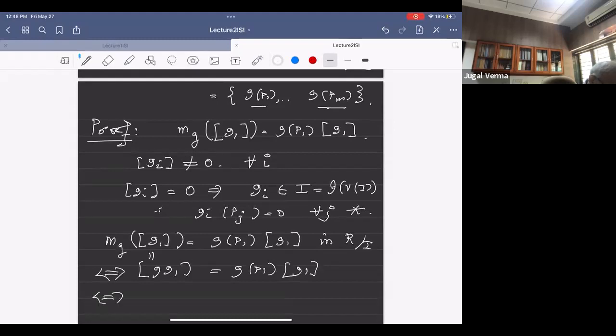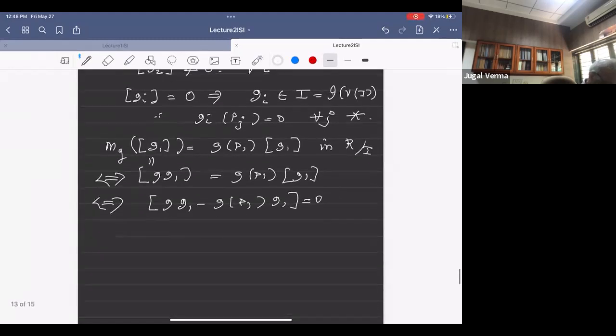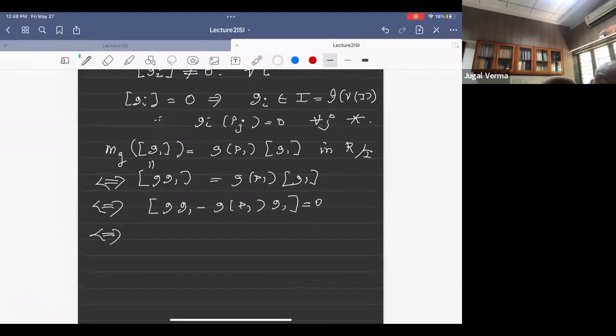And this is if and only if the residue class of g G1 minus g(P1) G1 is 0. This is if and only if g G1 minus g(P1) G1 belongs to I. But I is the ideal of the variety of I. That means this vanishes at every point.